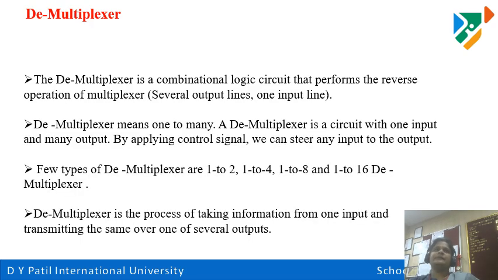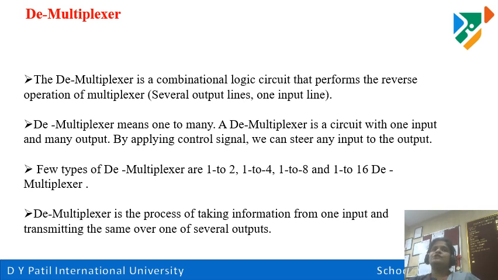So what's a demultiplexer? It is also a combinational logic circuit, but it performs the reverse operation of a multiplexer. In the case of a multiplexer, we called it a 2:1 mux in the sense of two inputs, but only one input will be selected at the output.